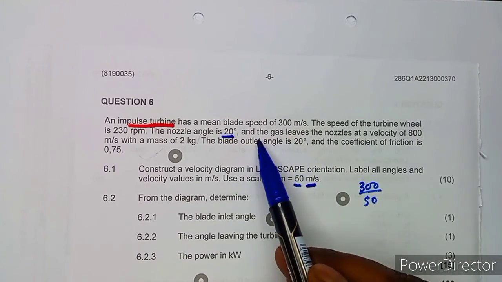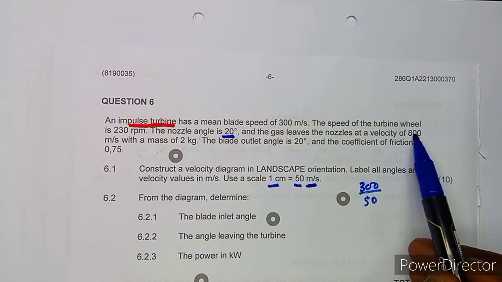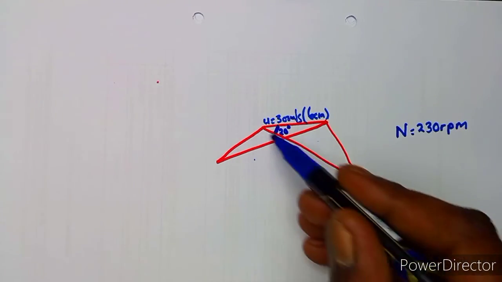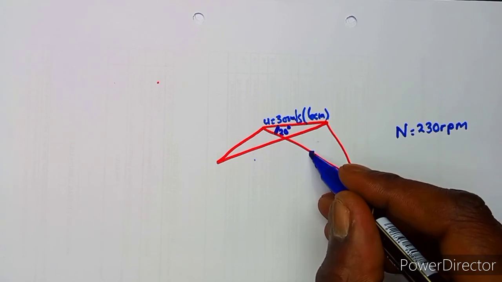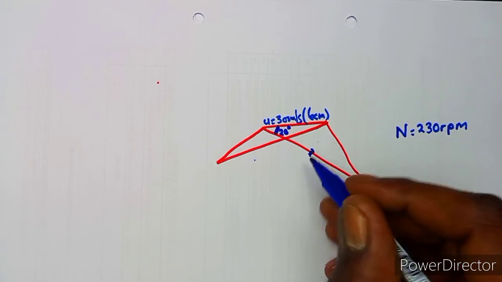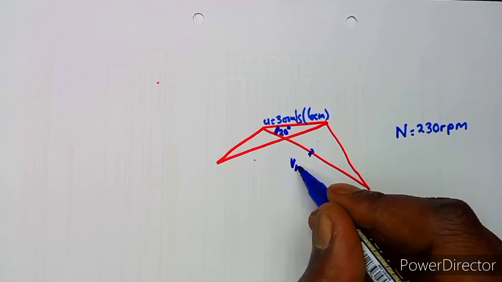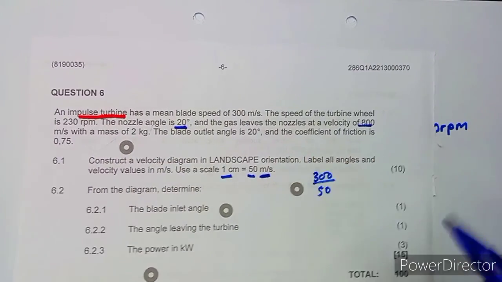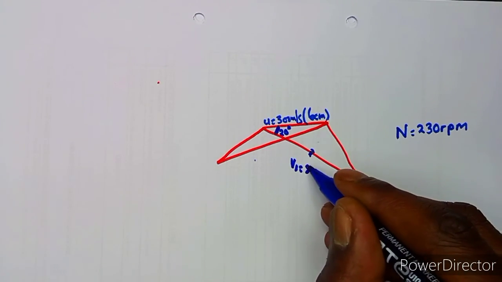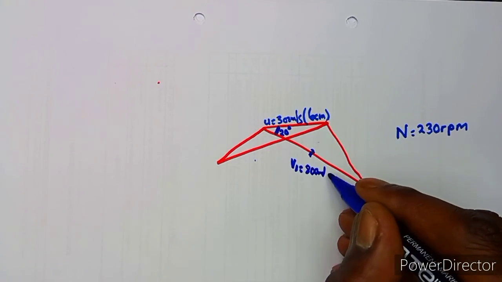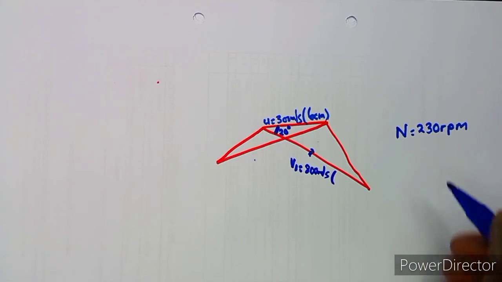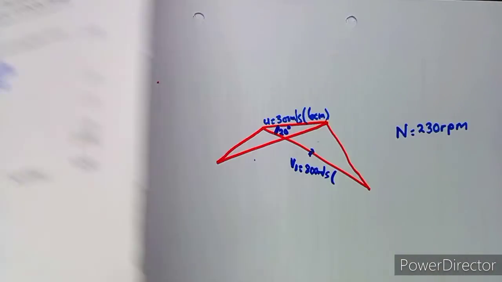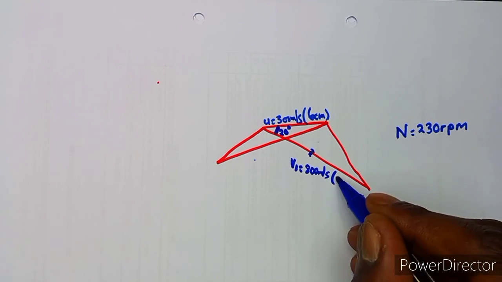And the gas leaves the nozzle at a velocity of 800 meters per second. So the gas is leaving here, that is your V1. Let's put V1 as 800 meters per second. In centimeters, remember our scale, divide by 50: 800 divided by 50 is 16 centimeters.